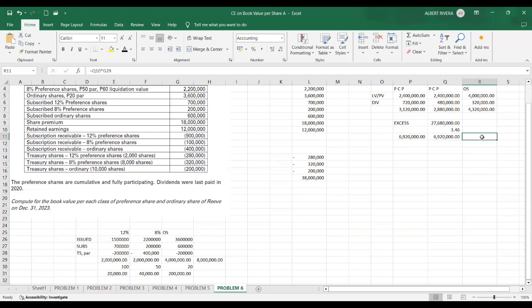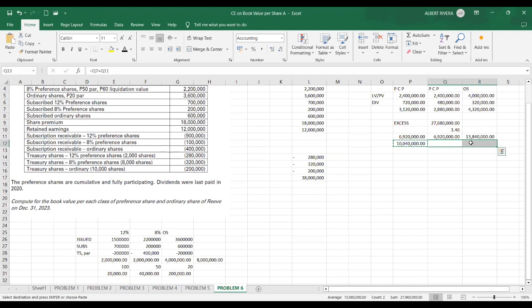Then here, same again. So this is 3.46 times 4 million. So this is 13,840.